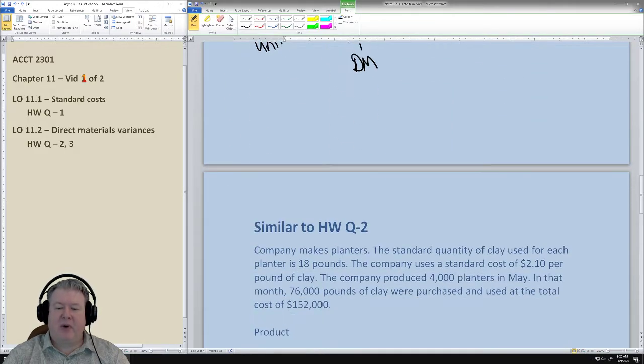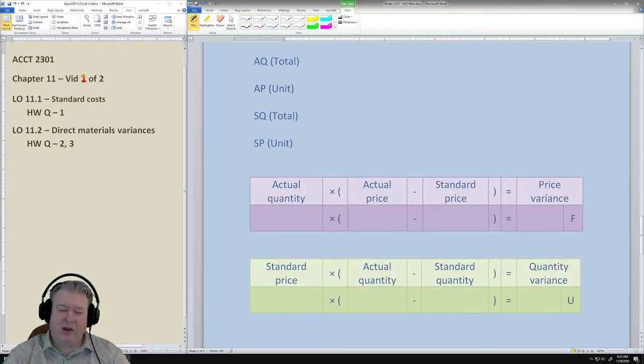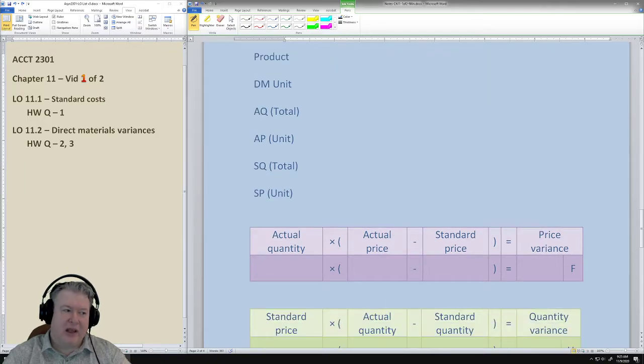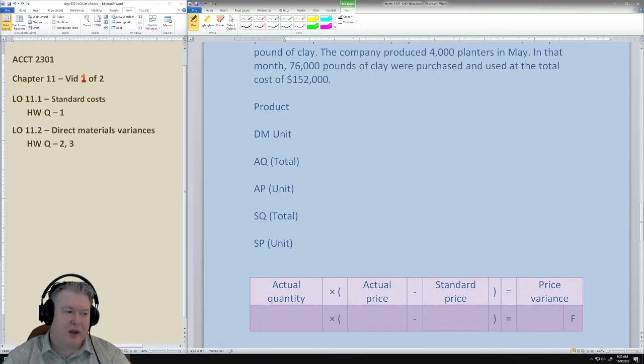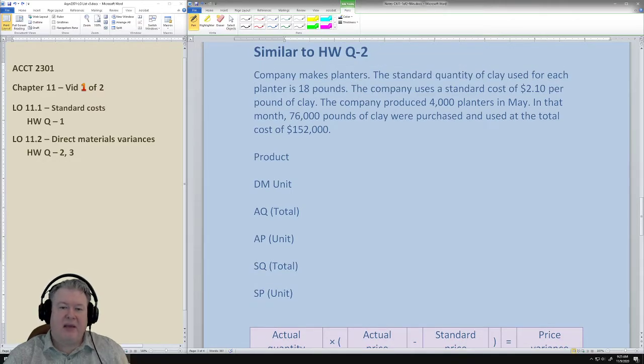Well, let's take a look at a problem. If you notice, this doesn't show up like this on the homework. This is how it looks on the homework, but I have actually outlined these so that we get in the practice. This will help us with the other homeworks as well. Okay, so this first one here: the company makes planters. Well, that's our product, right?